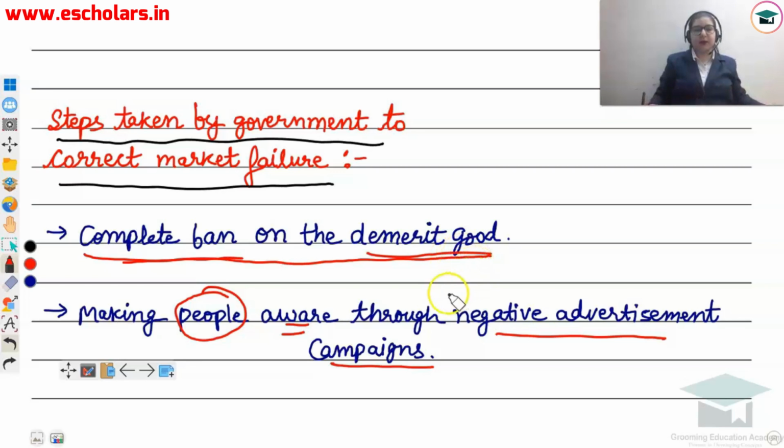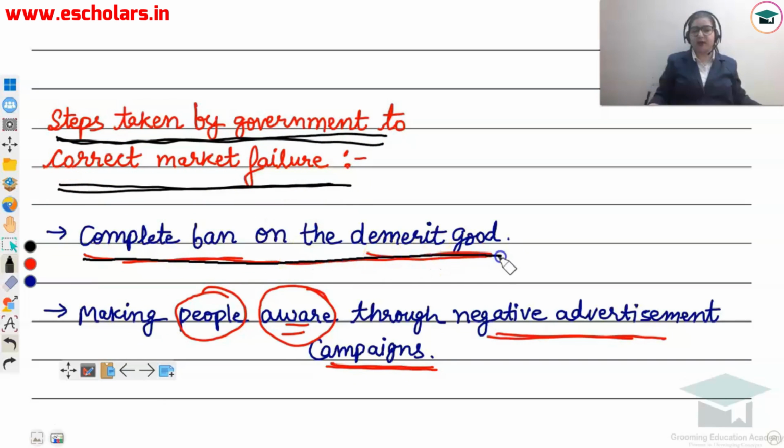So the government is spending a lot of money to make the people aware through negative advertisement campaigns. So let's recall it till now. Steps taken by government to correct market failure: complete ban on the demerit good, making people aware through negative advertisement campaigns.